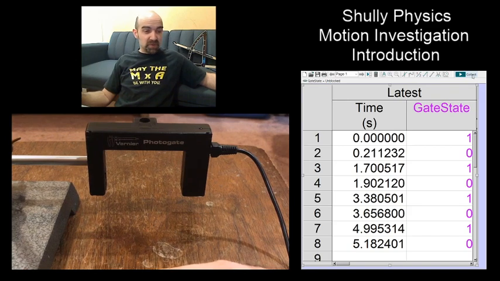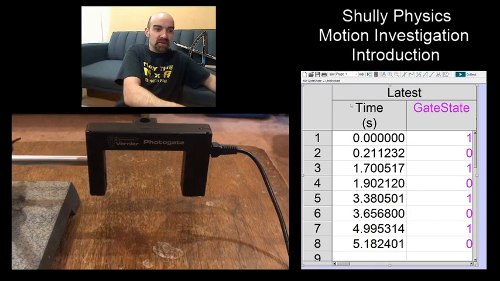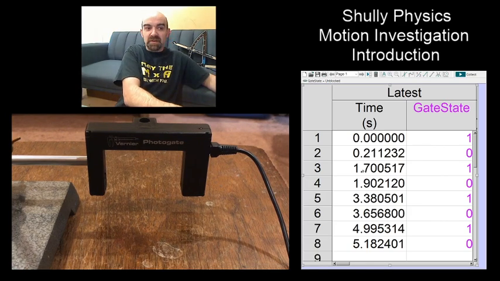So if this were your set of data, it would have taken him 1.7 seconds to travel from the first to the second gate. Then another 1.68 seconds. So if I take the 3.38 minus 1.7, that would give us the time lapse, the time difference between those 2 points.